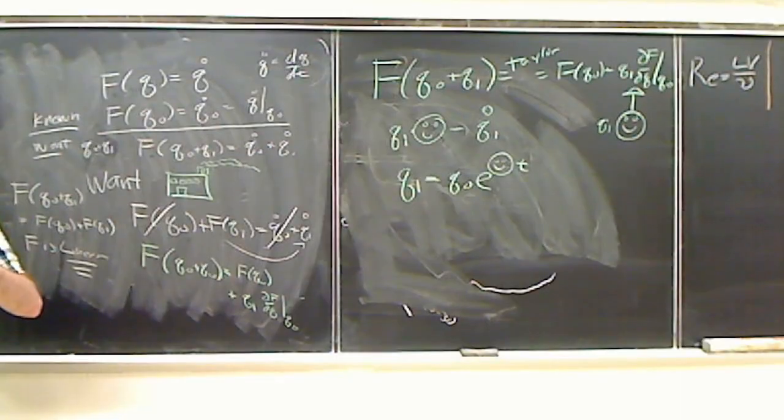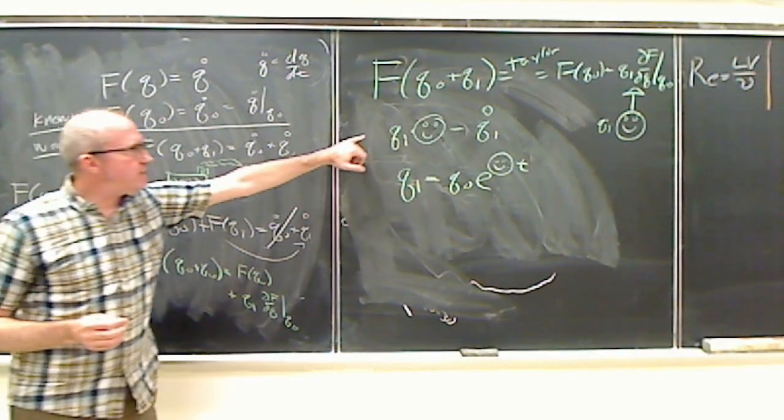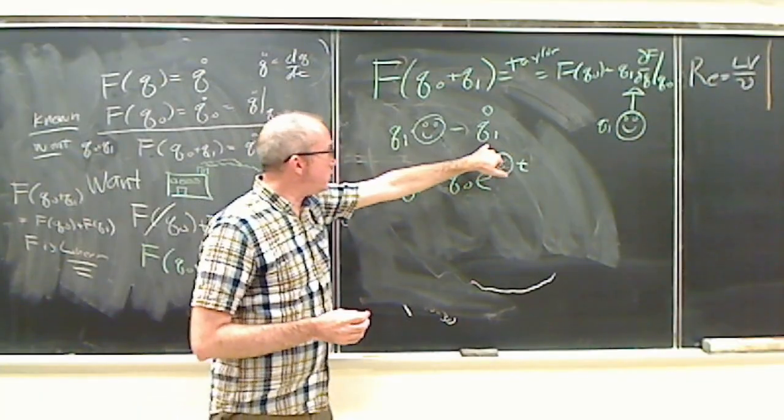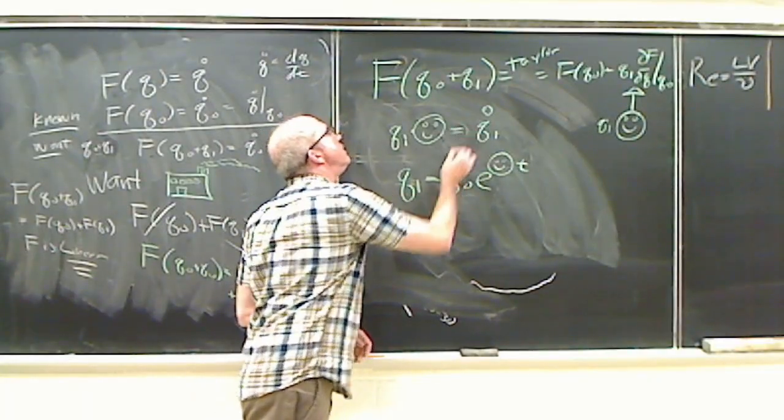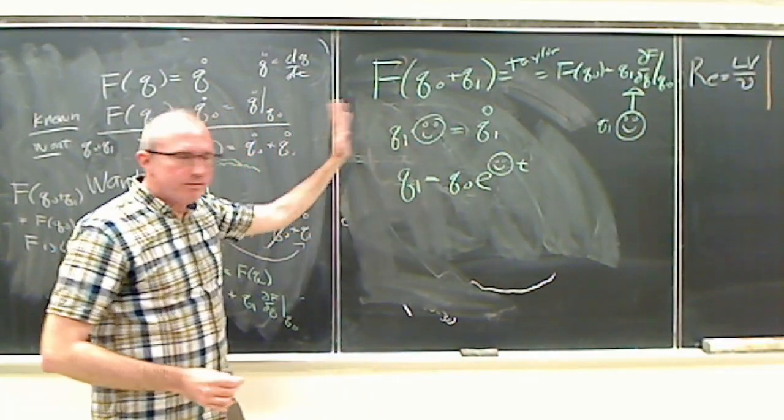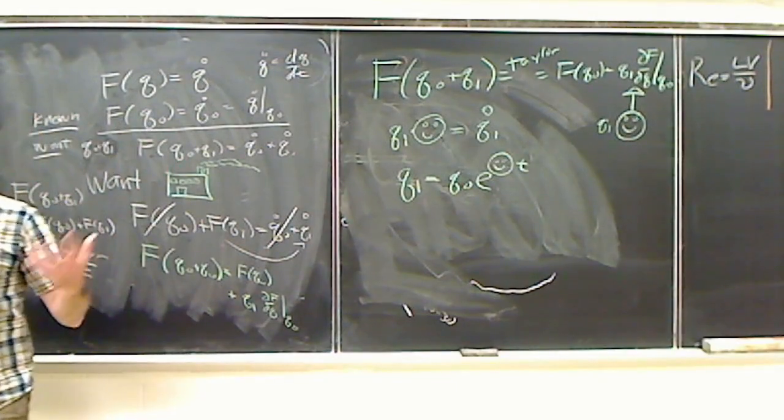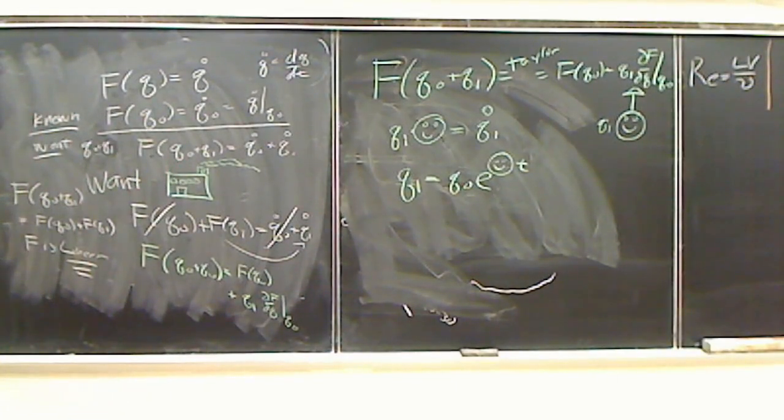Everybody follow that part? This is just a thing equal to its derivative, so I can just solve that, and then I'm left with an exponential. Does that make sense? So that is the crux of how linearization works.